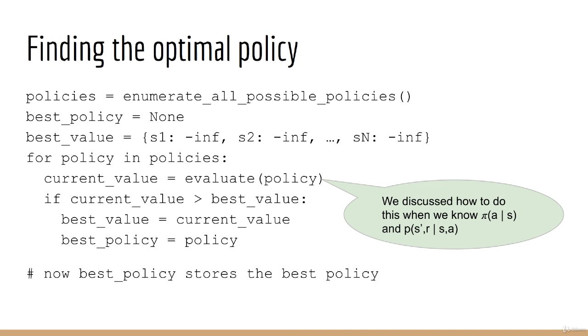In the next lecture, we'll look at a more practical way of implementing this. Second, the other function, enumerate all possible policies, is conceptually simple but impractical. As an exercise, you may want to try implementing this in code for a simple example like Grid World. In other words, while this method here appears to be nice and simple, it is not actually practical to do.